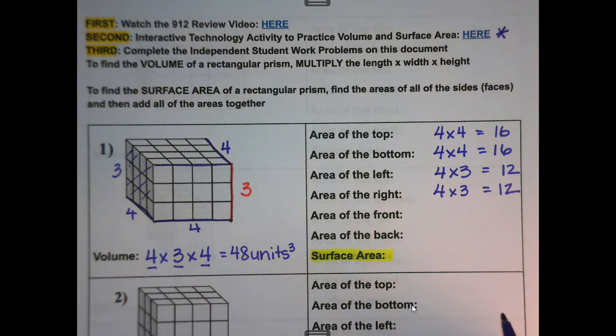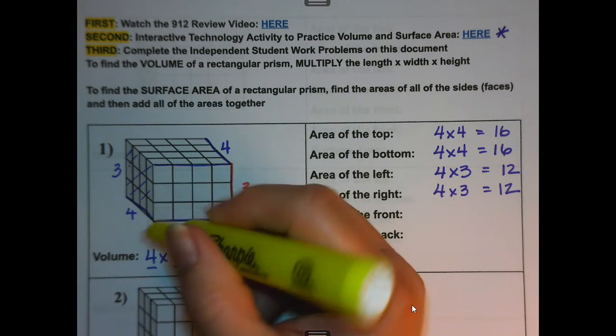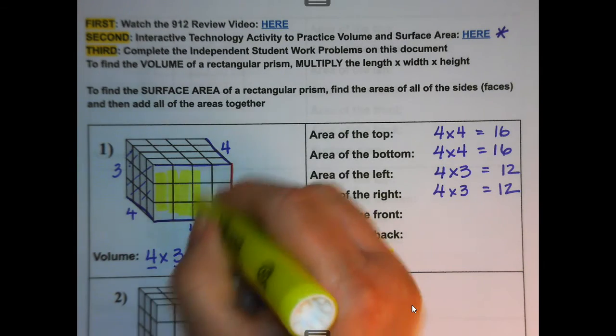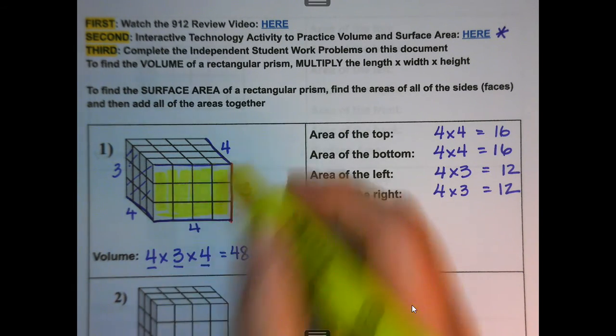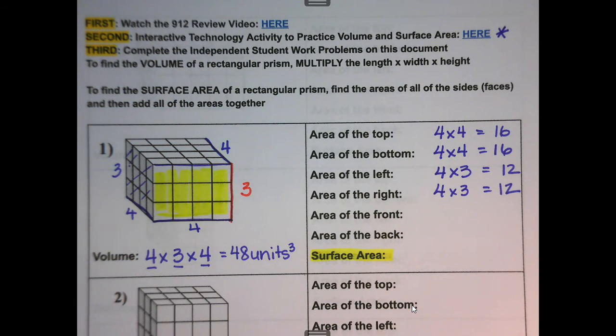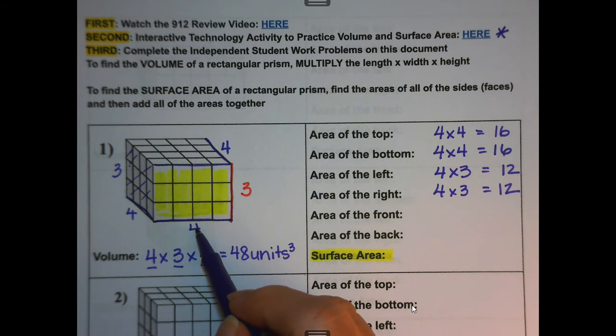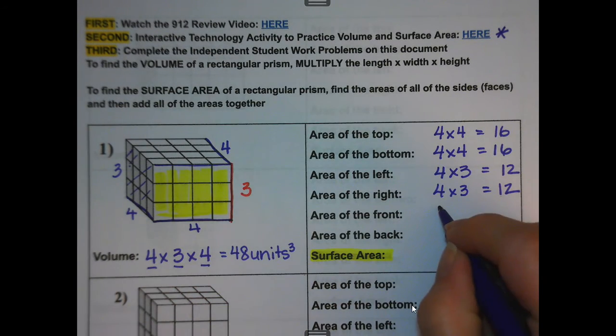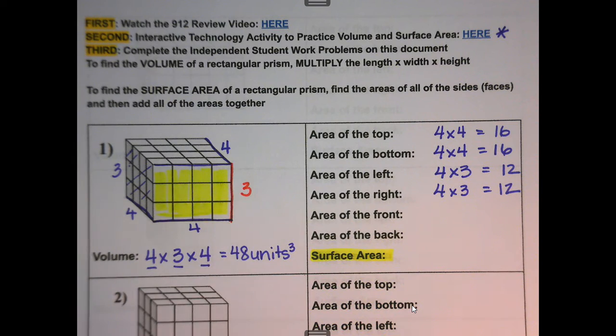And then I have the area of the front. So the area of the front is going to be this area here. I am looking at that, and I have my measurements of 4 by 3 again, which is kind of weird.